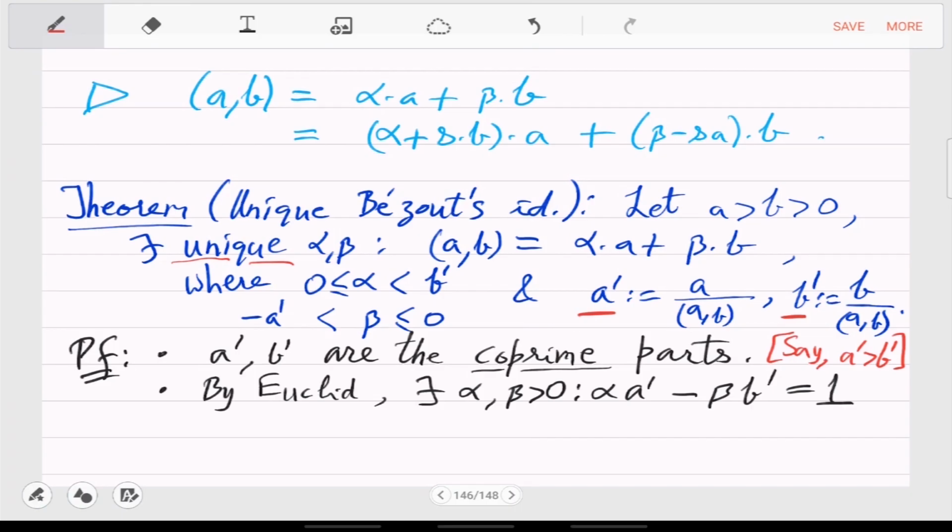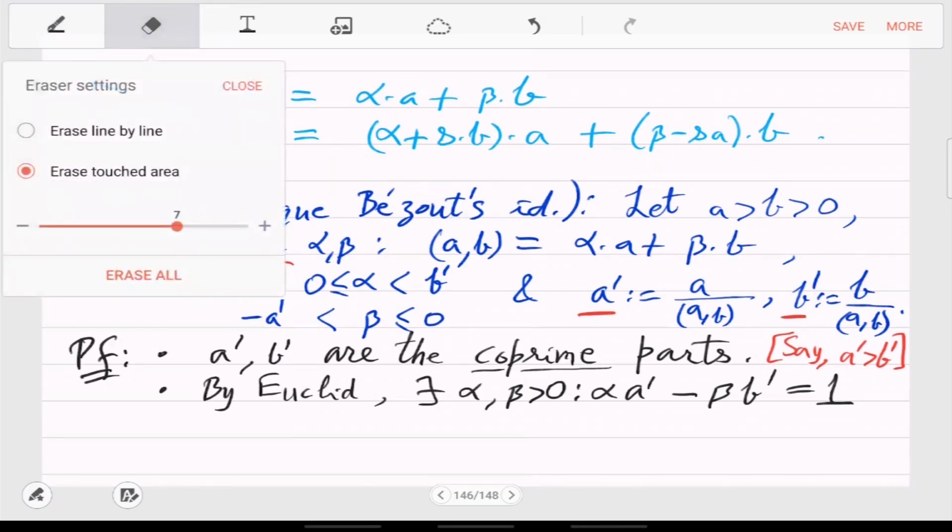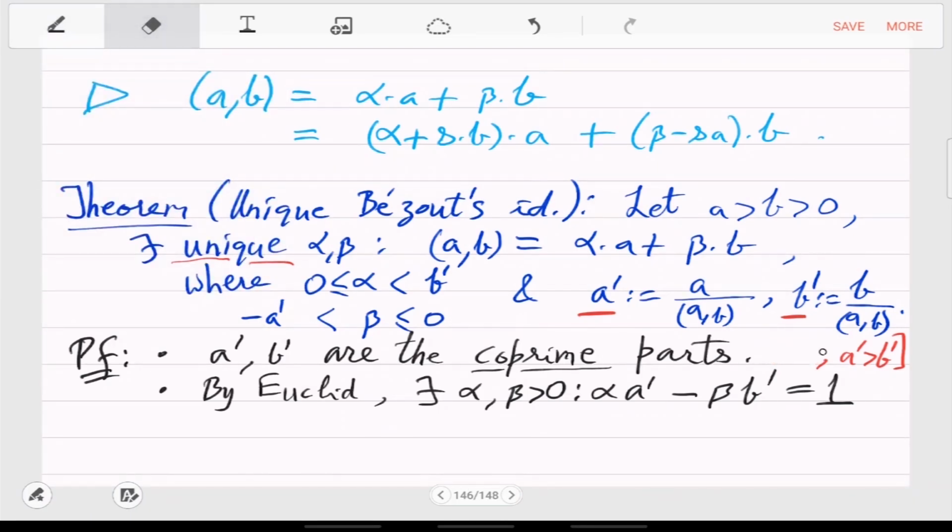Is this clear? This is just what we have already done, just recalling those steps. And from this you can see that the equation in blue, the GCD of a comma b equal to alpha a plus beta b. Yeah, there is some inconsistency getting added. Let me not use minus at all.